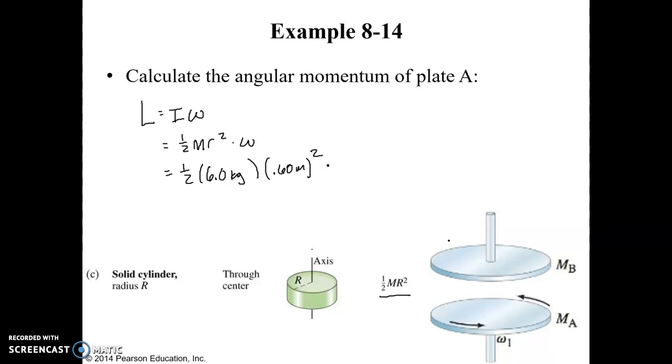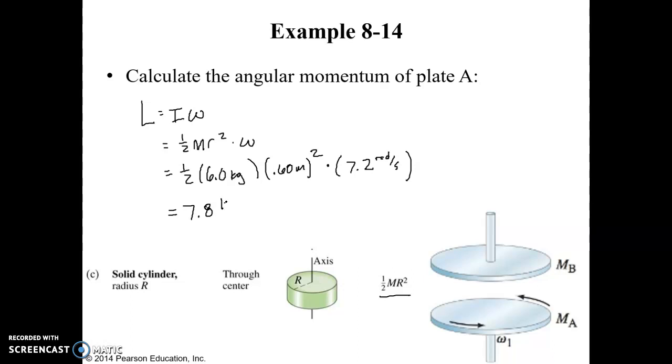And once this gets sped up to its top speed, that angular velocity was 7.2 radians per second. So that is equal to 7.8. Now we've got some derived units here for momentum.